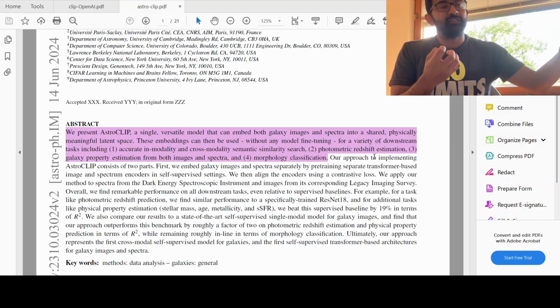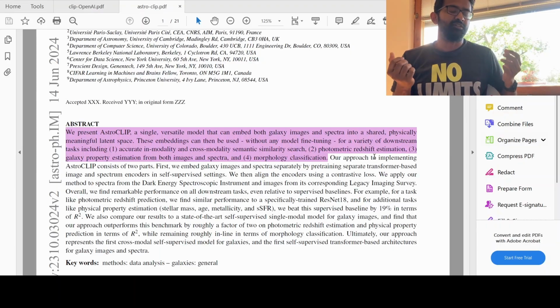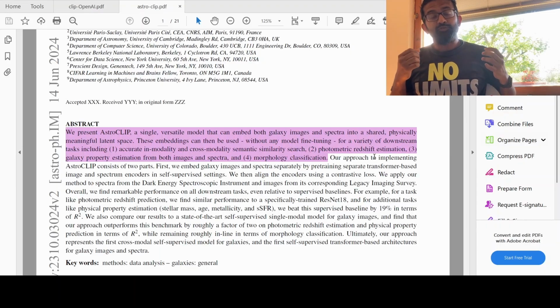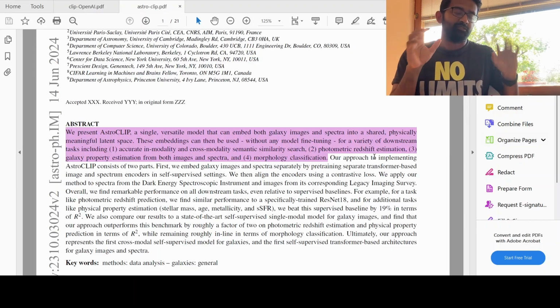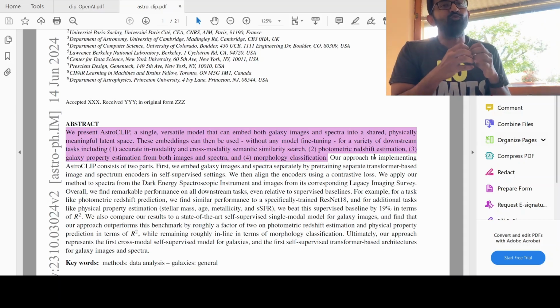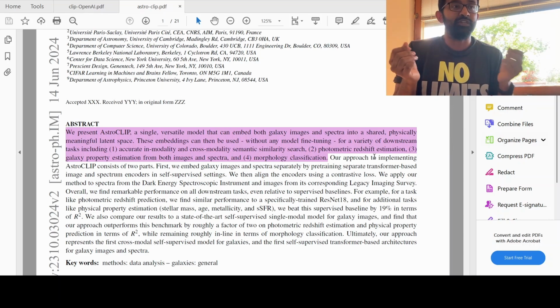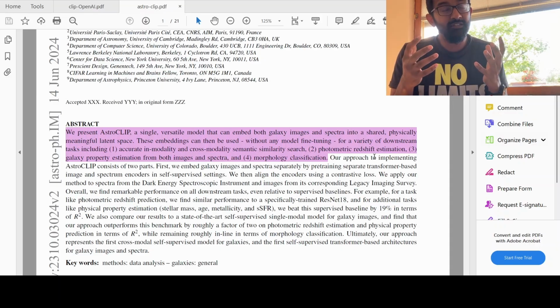When we calculate the redshift from analyzing the spectra of the galaxy, that's way more accurate than photometric. But spectroscopic analysis is way more time consuming and resource consuming compared to photometric, so most of the time we have photometric data and not spectroscopic data. So the idea is very cool.